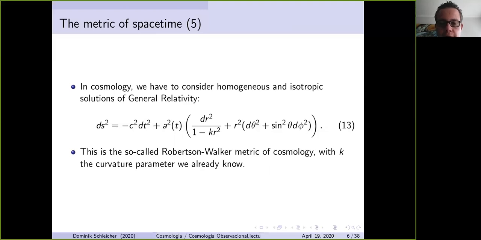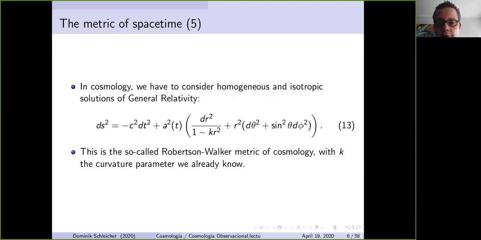We have dr square divided by 1 minus k r square plus r square d theta square plus sine square theta d phi square. So what you notice is that the first term here is somewhat different. If we adopt the case with k equals 0, then we obtain our expression for the flat geometry, the flat universe, and we have then the same expression that we were having before for the space-like component.